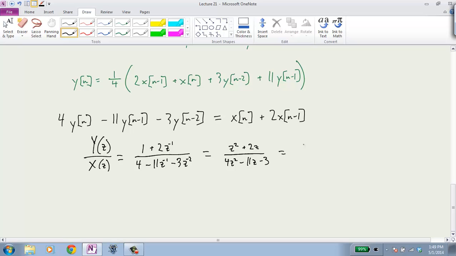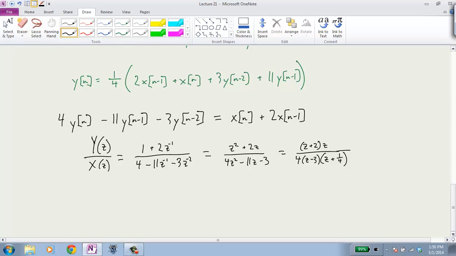And that factors like this: z plus 2 times z over 4 times z minus 3 times z plus a fourth. Am I right about that? Yes, I think so. To do this factoring, you either do whatever tricks you know, and if you come to your last resort, use the quadratic formula and you'll get the roots.